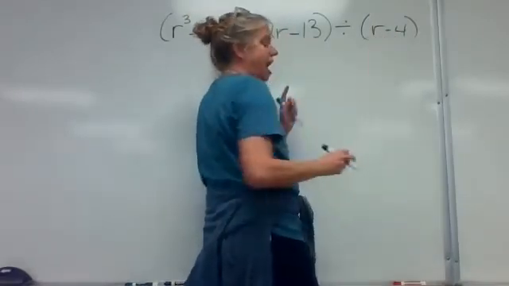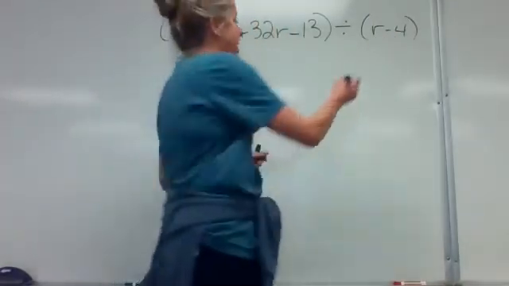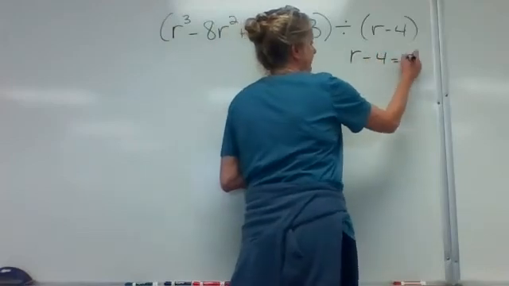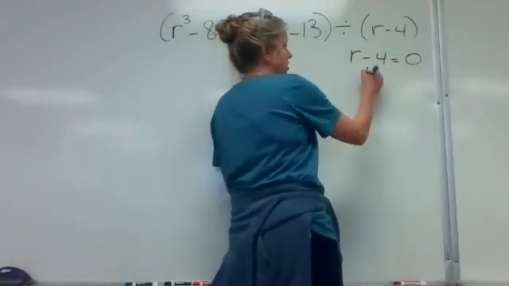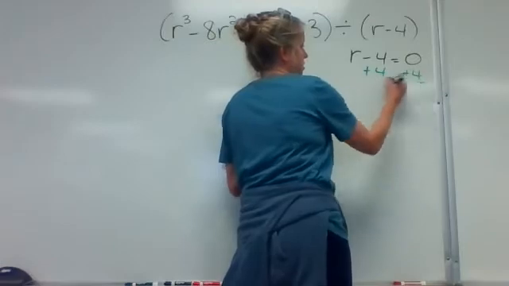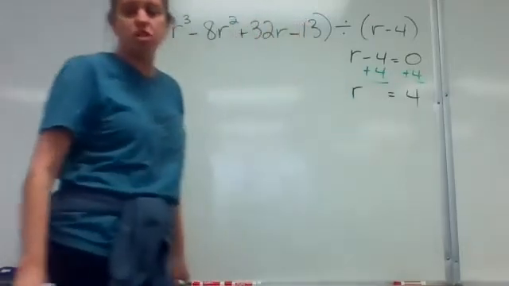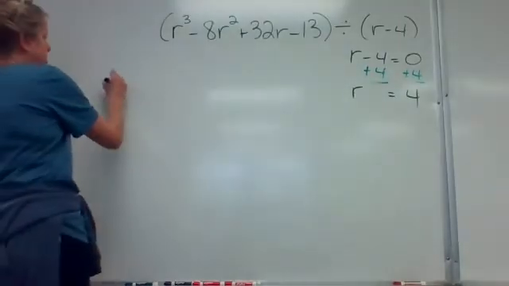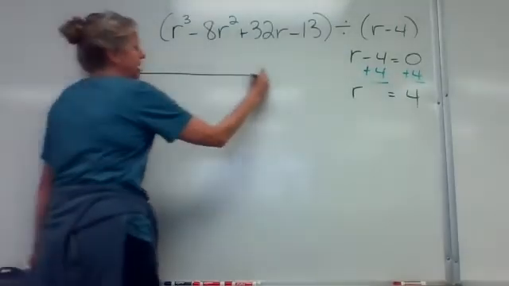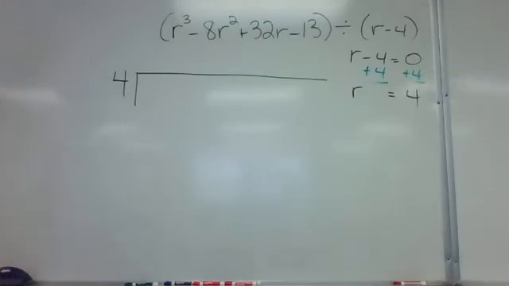This is a factor. I need the 0 from that factor. So I have to solve it for R. So R equals 4. That's what you're using in your synthetic division on the outside of the division symbol.